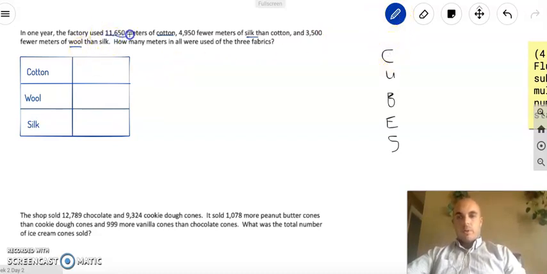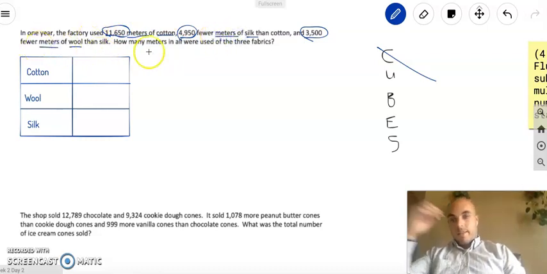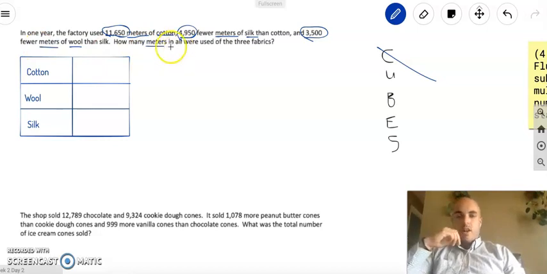All right, so now let's cubes this. Circle important numbers, 11,650, 4,950, and 3,500. I'm going to underline important words. So everything we're working with is meters. It's the measure. And then here as well. And then see where it says in all? That's telling us we're adding.